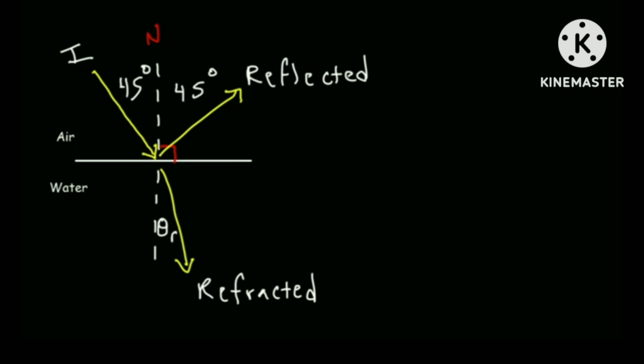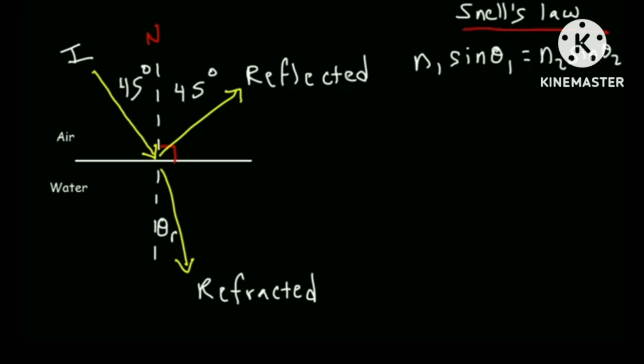And in order for us to calculate that, we need to use something called Snell's law, also known as the law of refraction. And it's n1 times sine theta 1, which is equal to n2 times sine theta 2. So that's Snell's law. It can help us to calculate the angle of refraction or the index of refraction.